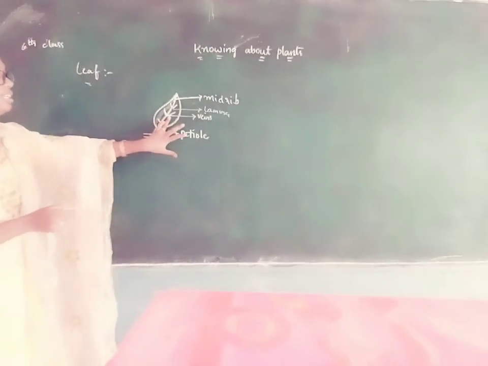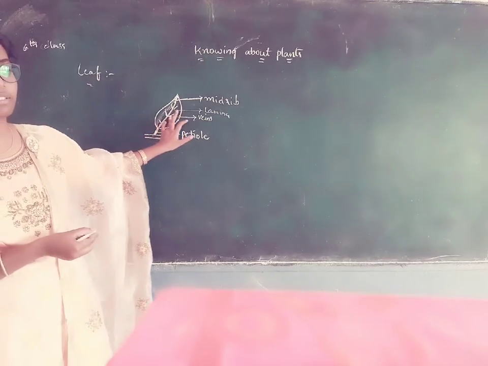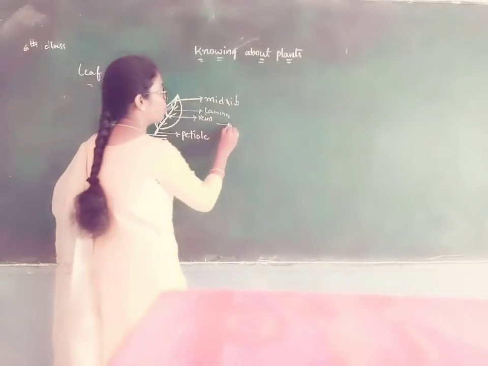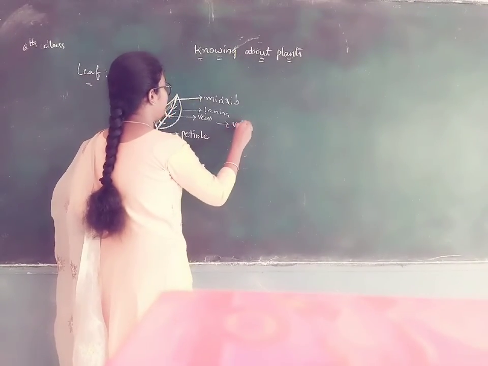It contains small lines, and these lines are known as veins, and a group of veins are known as veinlets.